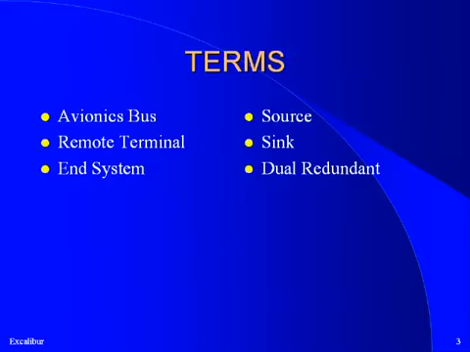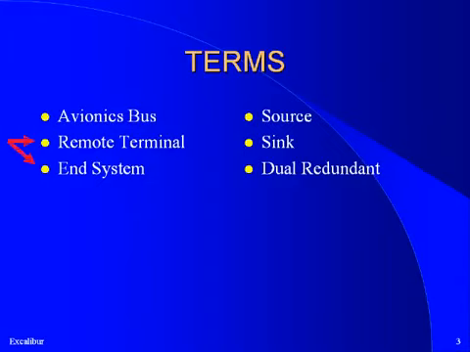It's worthwhile to learn some of the language of avionics buses before diving into the details of the specifications. Sometimes different buses use different terms to describe the same thing. An avionics bus is a means for communicating between different parts of an airplane. A remote terminal or end system is a part of an airplane that needs to send or receive information to or from another part of the airplane.